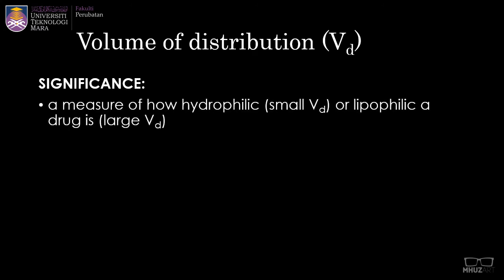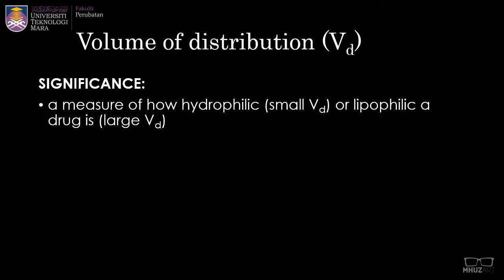What is the importance or significance of knowing the volume of distribution of a drug? VD is a measure of how hydrophilic or lipophilic a drug is. A very hydrophilic drug means that it will stay confined in the vascular compartment. It will have a small VD, roughly of about 5 liters, because that is the volume of your blood.